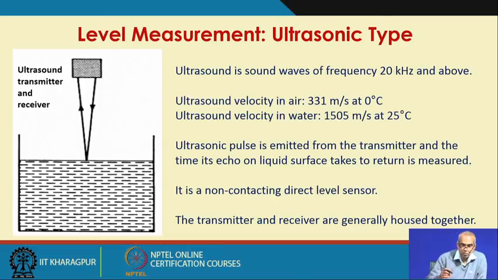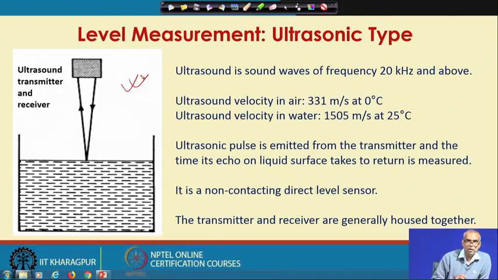Now, here is a schematic of a typical ultrasonic type level gauge. So, this is the tank which contains liquid and we want to measure the level of this liquid.